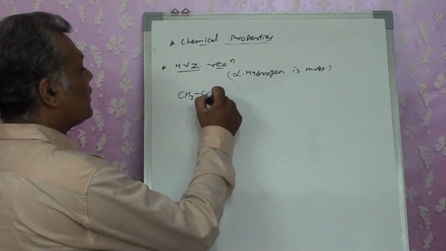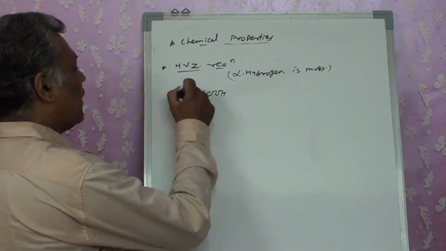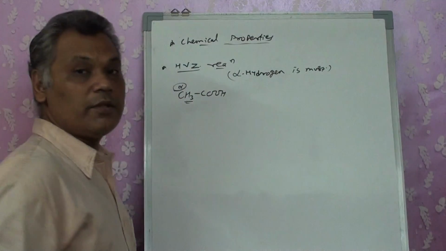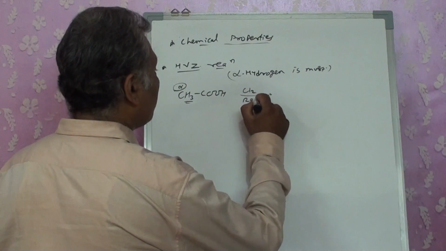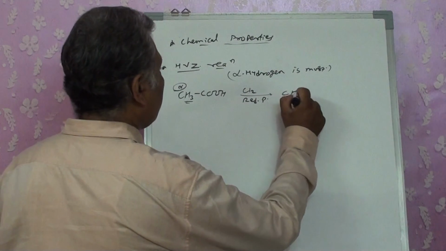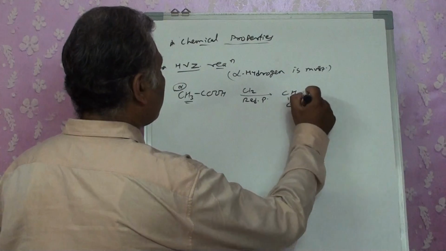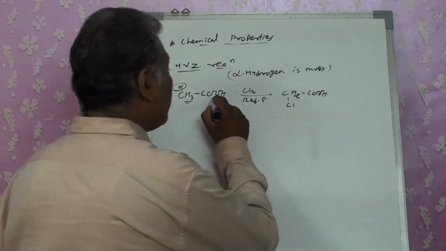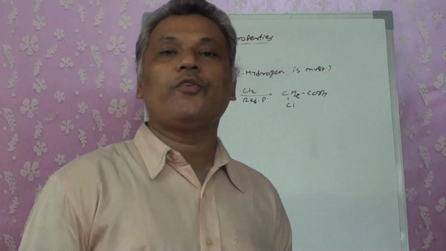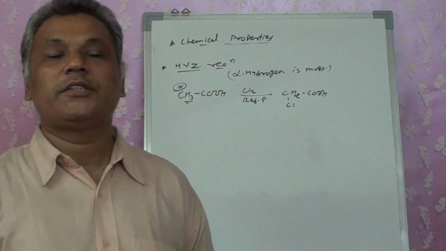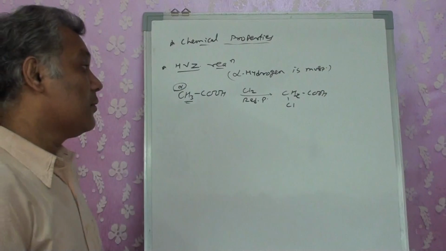If we have CH3COOH, alpha hydrogens are there, three of them. So on reaction with Cl2 in presence of red phosphorus, it gets converted into CH2Cl-COOH. That means the COOH group this time is not reacting. Neither is it removing H, nor OH. The reaction goes on other than the COOH group.